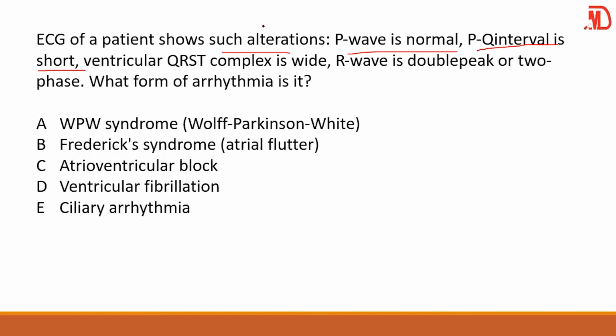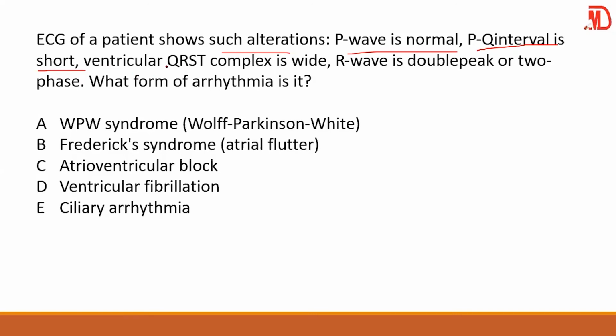So they're saying that that period is very short. That means that something is not allowing the AV node to perform its function normally. So it's flowing faster than normal.